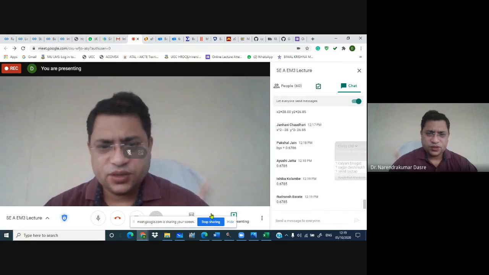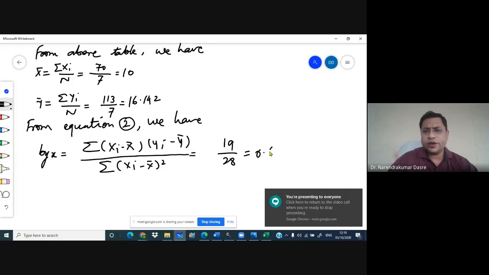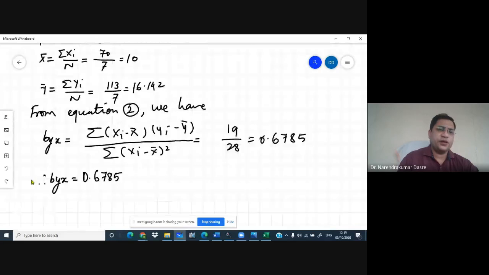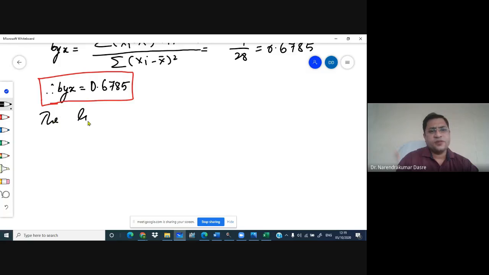Okay, that's good. So we are getting byx equal to 0.6785. Once I get this, I am able to find the line of regression of y on x, because this is the regression coefficient of y on x, and hence we can write the line of regression of y on x.